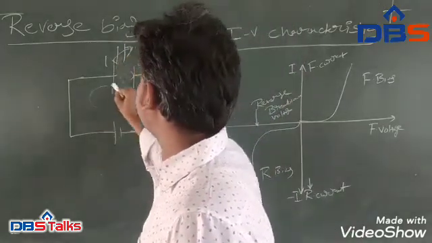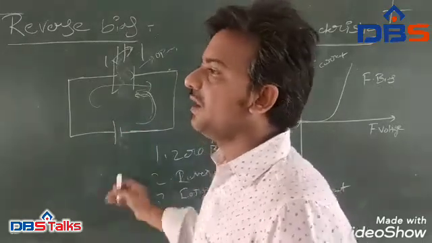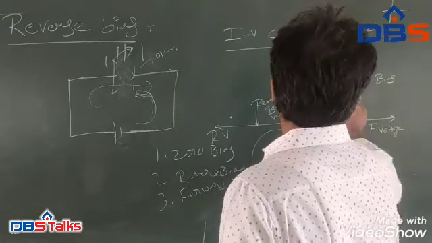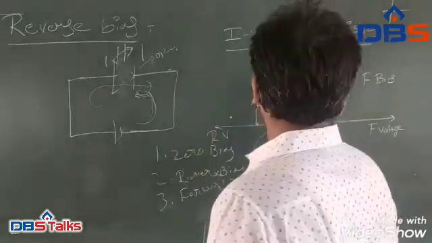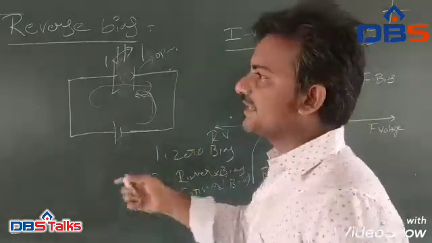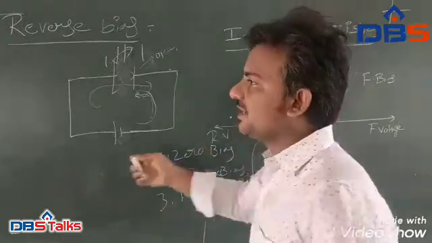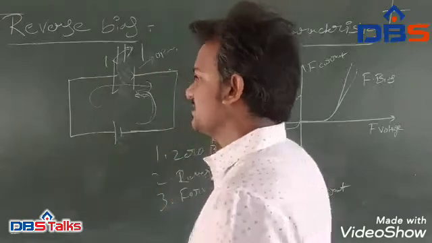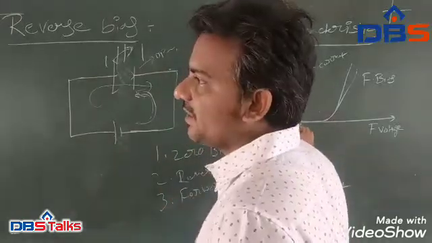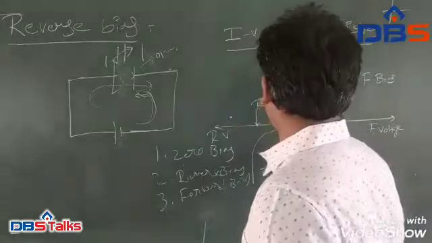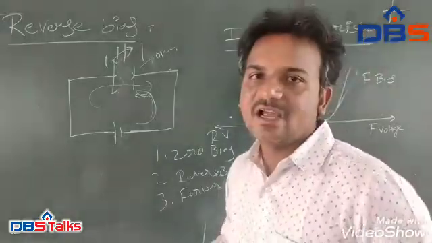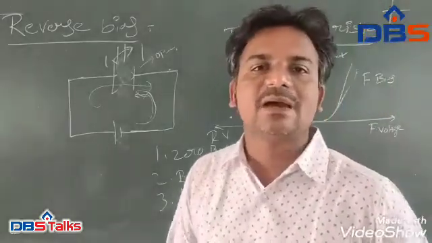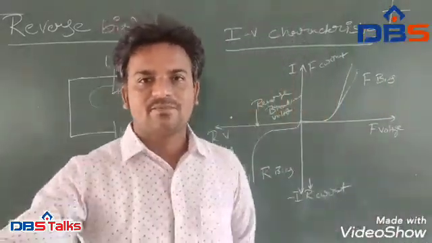Then the conventional current flows from one side to the other. In forward bias condition, whenever we increase the voltage, the current also increases within this diode. In reverse bias condition, there is no current flow.